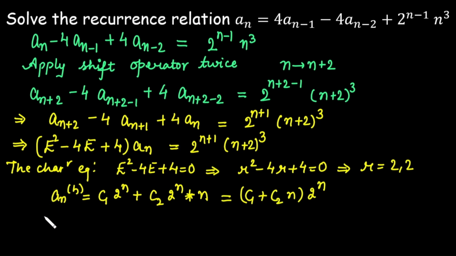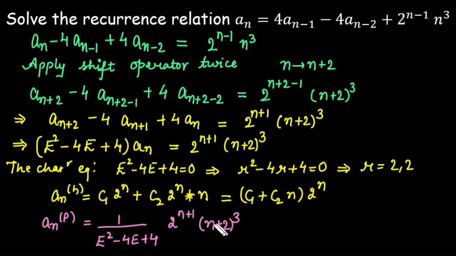Now for the particular solution, we can write it as 1 upon (E square minus 4E plus 4) acting on the right hand side, 2 raised to power (n+1) times (n+2) raised to power 3. Whenever we have the case b raised to power n into some polynomial, the first step is always to deal with b raised to power n.